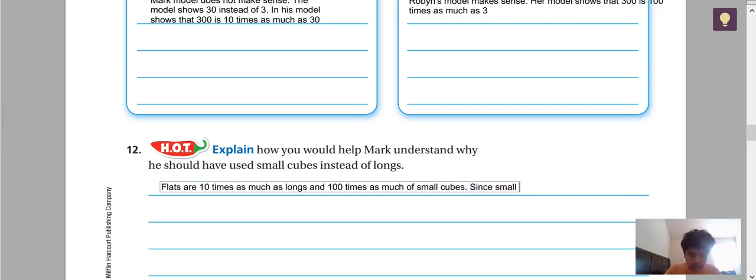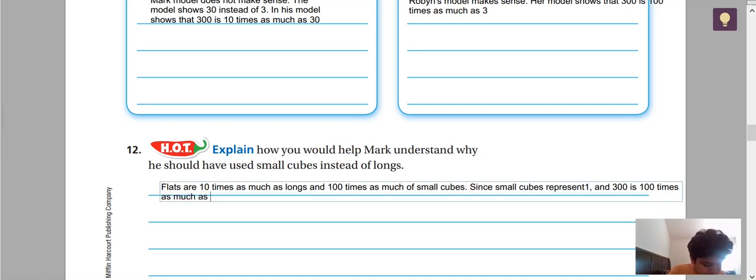Since small cubes represent 1, and 300 is 100 times as much as 3, he should have used 3 small cubes in the model.